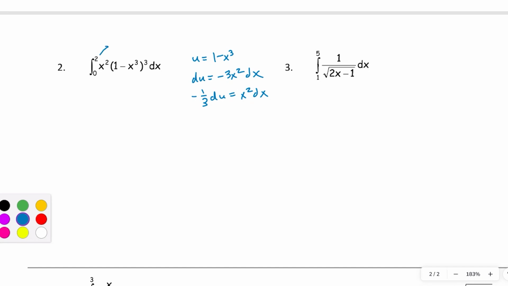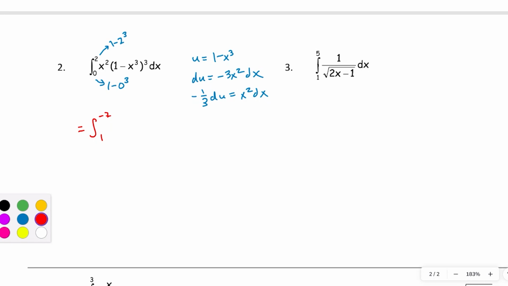So if u is 1 minus x cubed, the upper bound is going to be 1 minus 2 cubed, and the lower bound would be 1 minus 0 cubed. So the new boundaries: 1 minus 8 is negative 7, and on the bottom, 1 minus 0 is just 1.